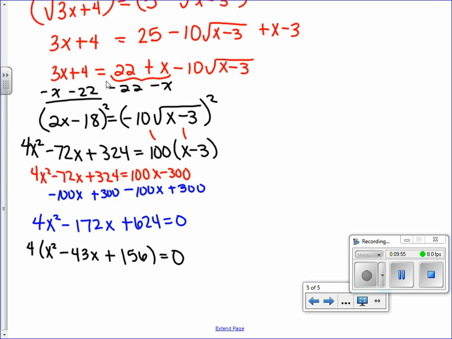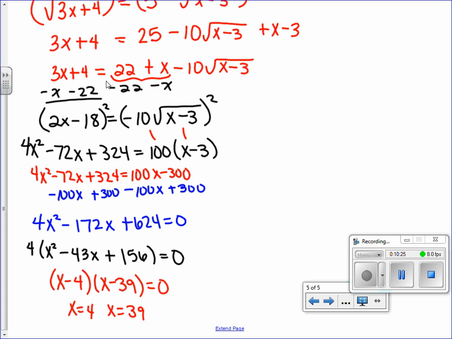Now I might be able to factor that. Two numbers that multiply to equal 156 and add to be 43. So x could be 4, or x could be 39.